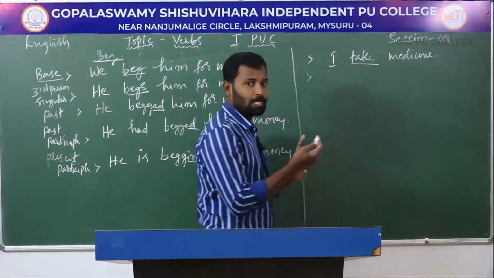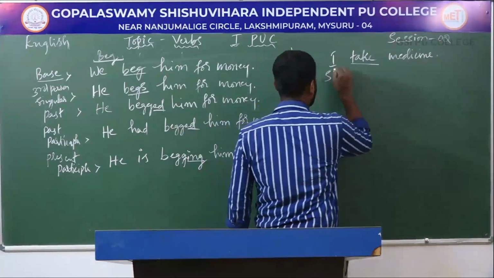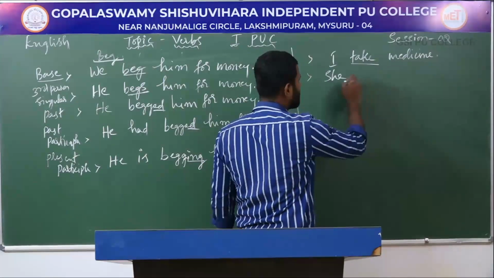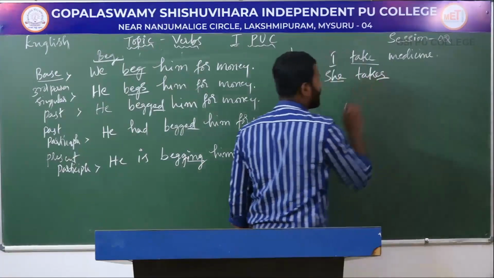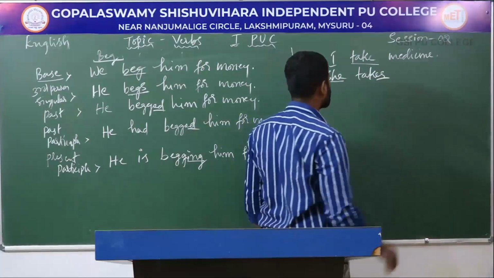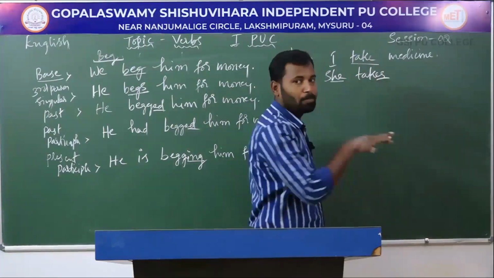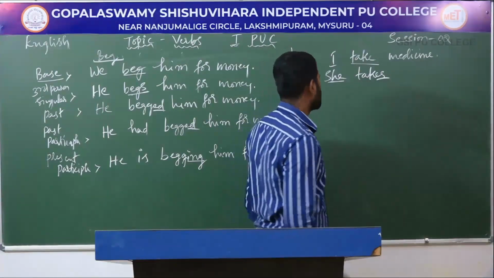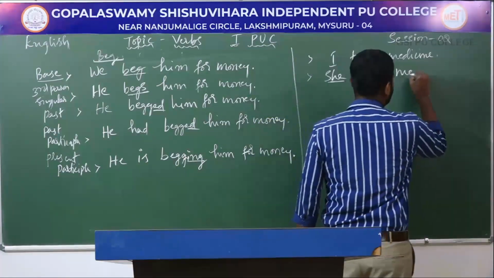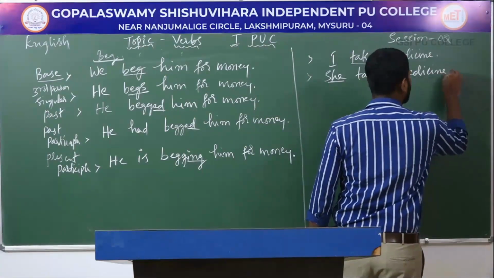They are he, she, it. Here I'll take she. She takes. Again the verb has taken s when it is used in the simple present tense with a third person singular subject. She takes medicine. She takes medicine.